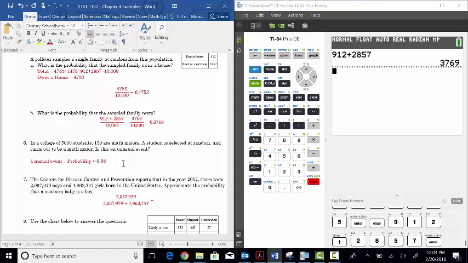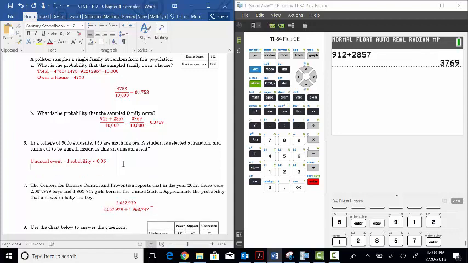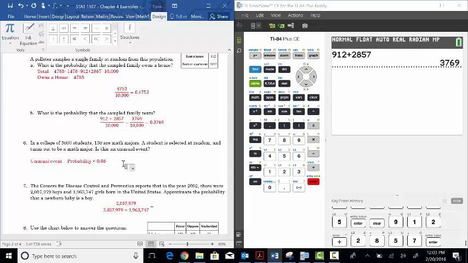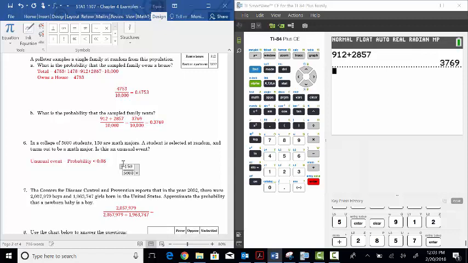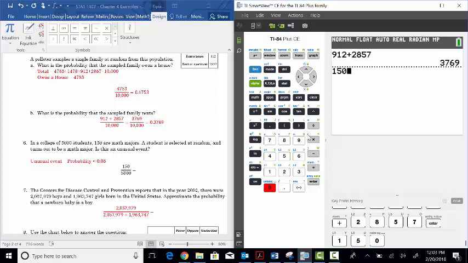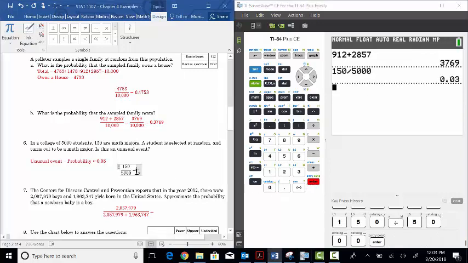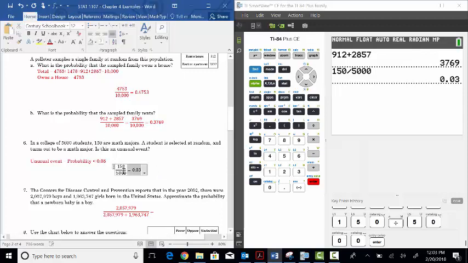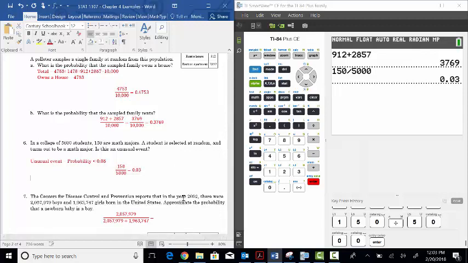So what we're going to do to figure out if this is an unusual event is, first we're going to calculate the probability. So we're going to take the 150 math students, and divide that out by the grand total of 5,000 students. And again, we're going to calculate that actual decimal so we can know if it's less than 0.05. So I'm over here on my calculator screen, dividing it out, and I get 0.03. All right, so now you want to ask yourself, is 0.03 less than or greater than 0.05?